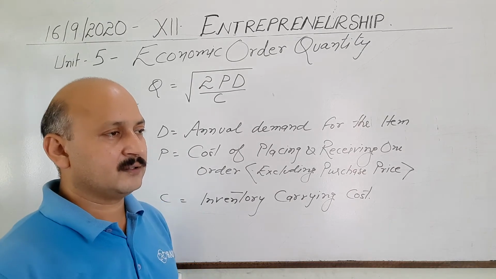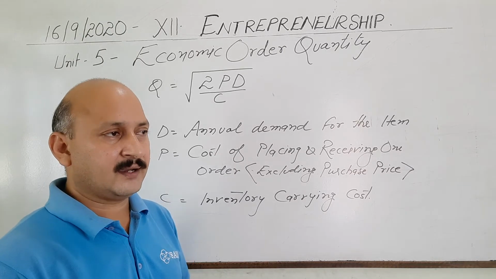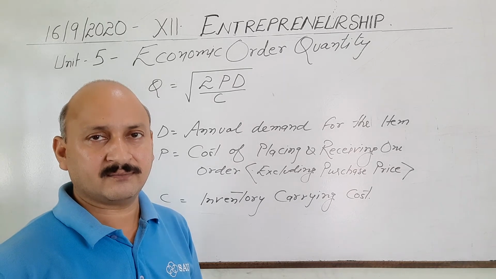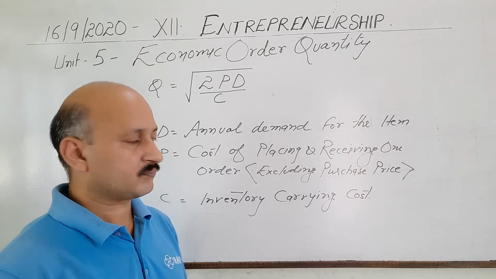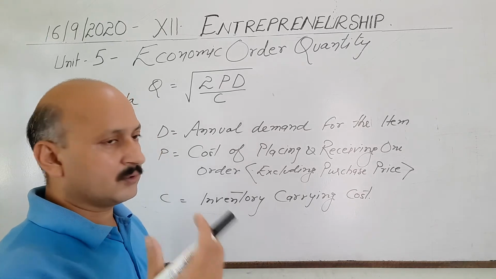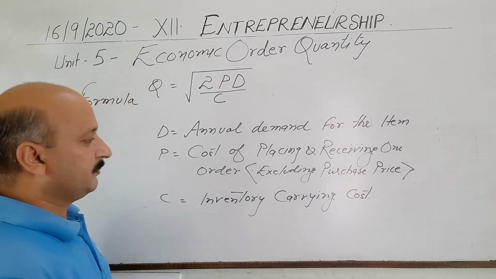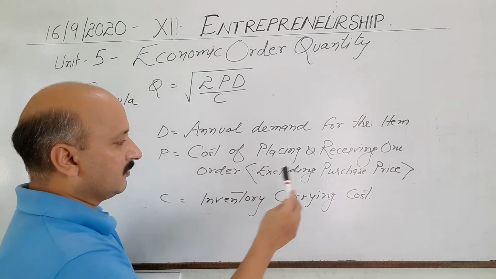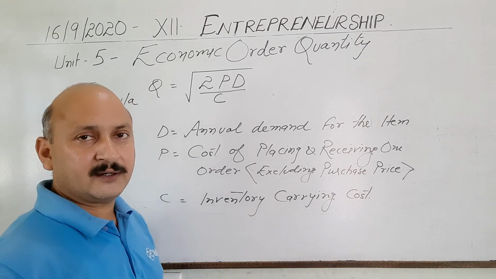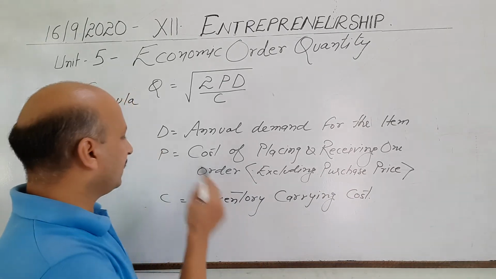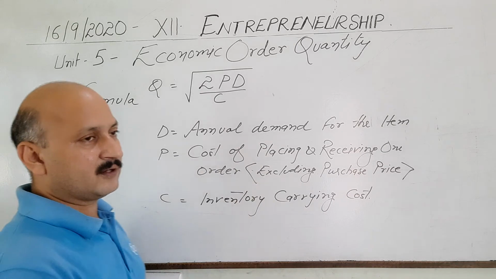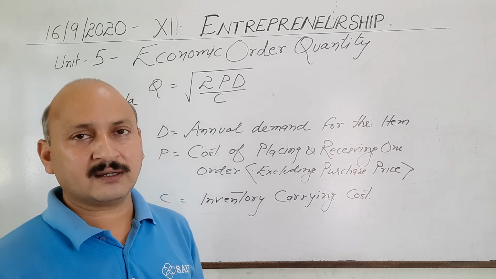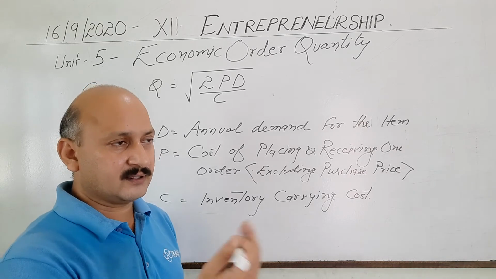Suppose we are purchasing goods worth rupees 10,000 and we spent rupees 10,500 in total. So rupees 500 will be P here, because purchase price will not be added to the P. So cost of placing and receiving order means how much we have to spend on placing the order and receiving the goods.